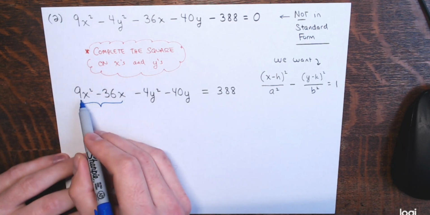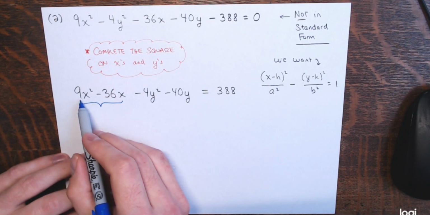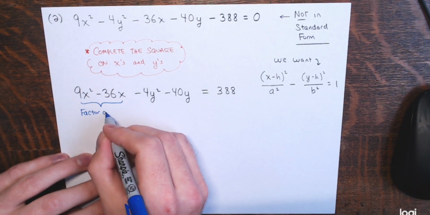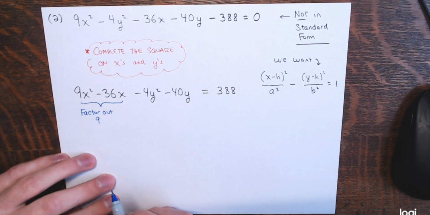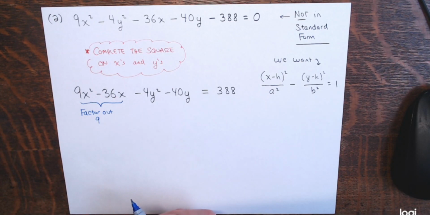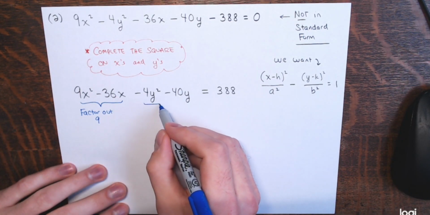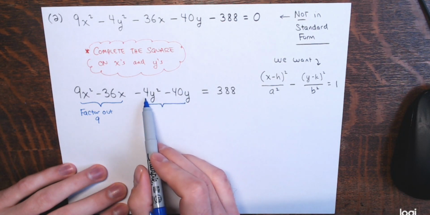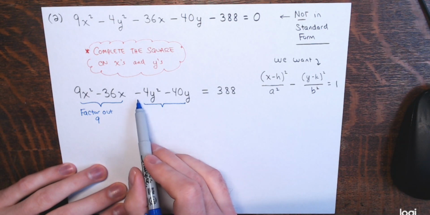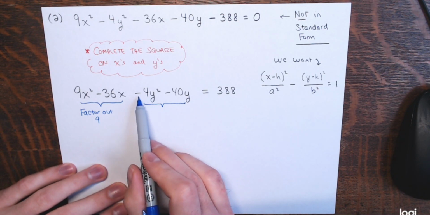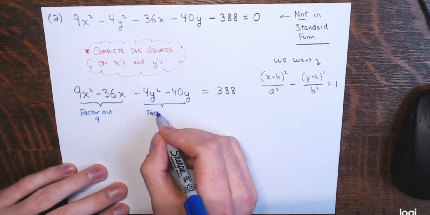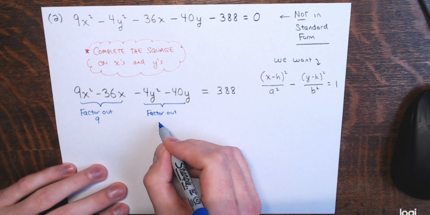If I want the coefficient of x squared to be positive 1, just factor out 9 from the x terms. And then the same thing with the y terms. The coefficient on y squared is not positive 1, it's negative 4. Don't forget the negative is part of the term. So easy fix, from the y terms, I'm going to factor out a negative 4.